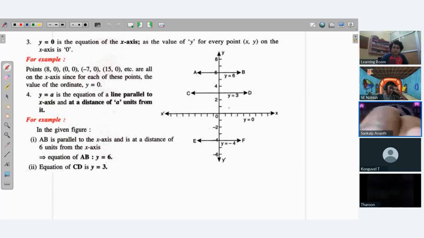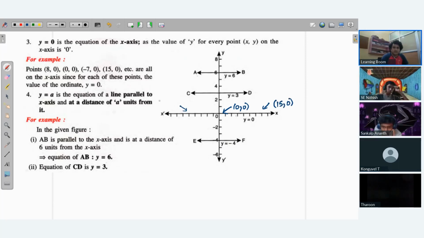Because everybody here has points of the type 0, 0; 15, 0; minus 7, 0. So the x-axis is composed of those ordered pairs and only those ordered pairs whose ordinate is always 0. That is why y equal to 0 is the equation of the x-axis.